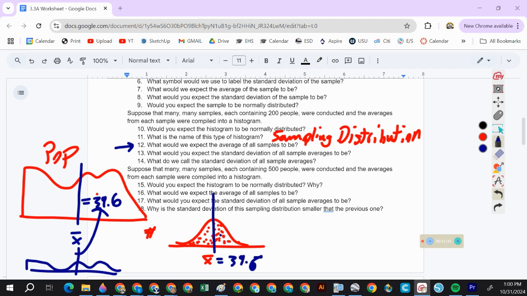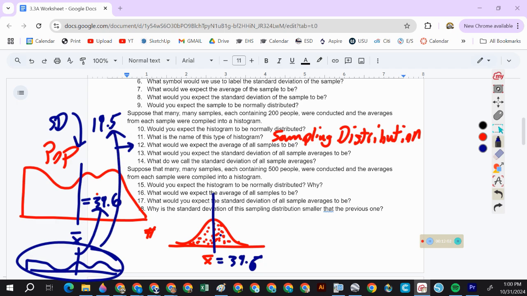Okay? But what is the standard deviation of the sampling distribution? So the SD here was, what was it, 19.5? Okay, and what was the standard deviation here? It's probably going to be about 19.5 because the spread is the same.